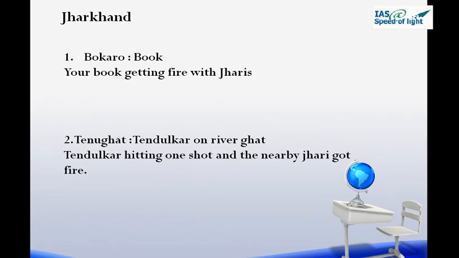So we all have a picture where we can see the jhadis or the waste plants, the shrubs, they are getting fire. And now what you have to put? You have to put your books also in that fire. So book becomes Bokaro, and fire and jhadis. So Bokaro, that is book, we are relating it with fire and jhadis or Jharkhand.